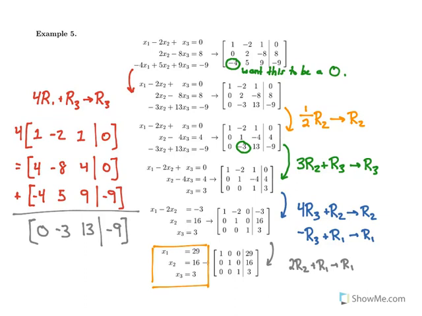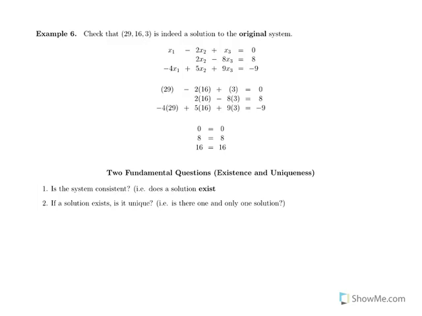That is a point 29, 16, 3 in 3 space, and that satisfies the original equation. This also tells us that there is exactly one unique solution to this equation. We can check that that solution is indeed a solution to the original system by plugging it in.